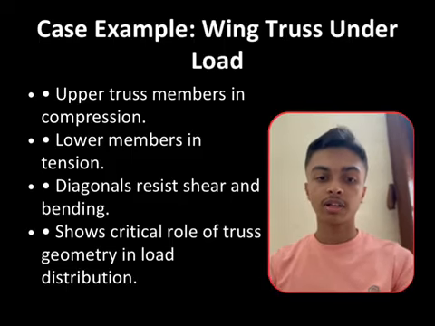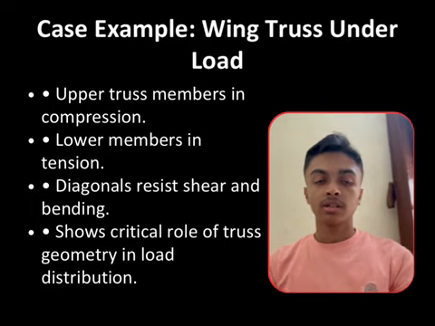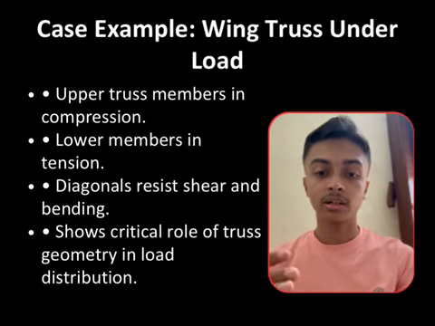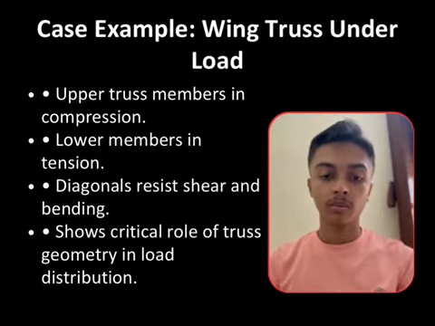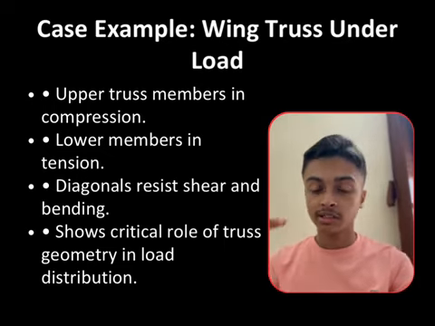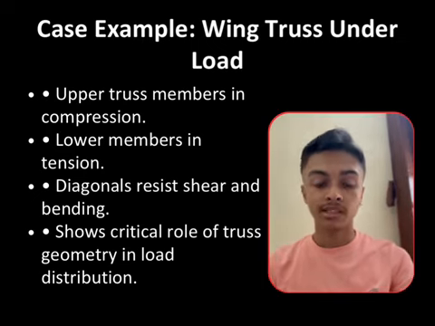Now let's move on to the next slide, a case example. We can take a wing truss under load. The upper truss members are in compression, and the lower members are in tension.